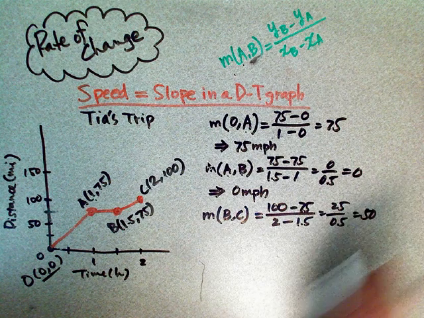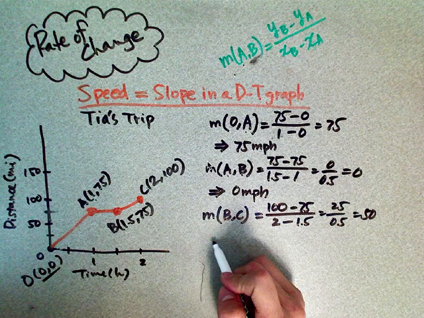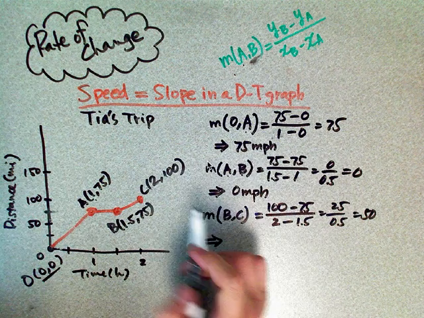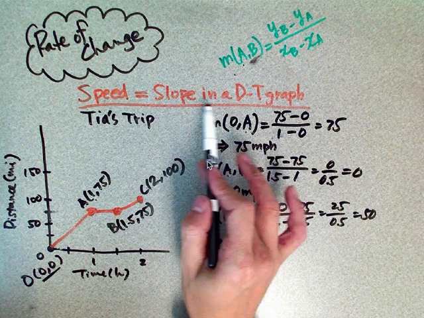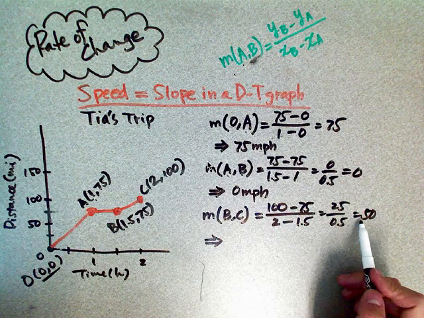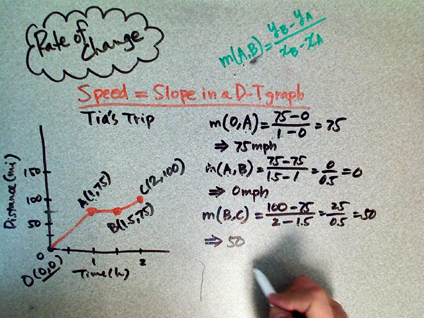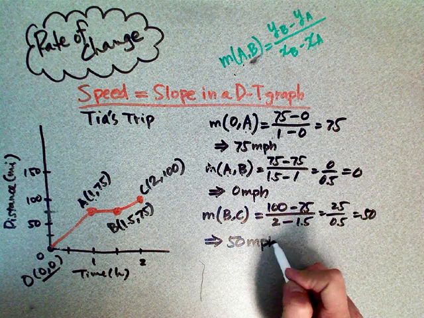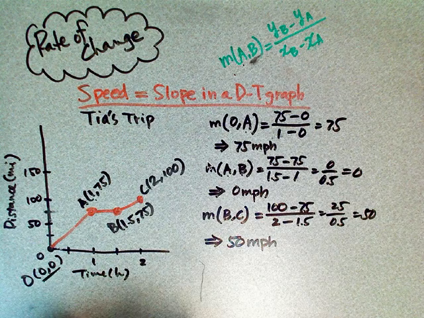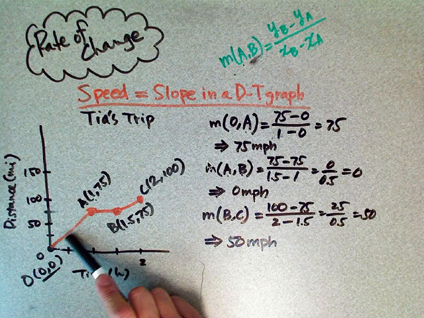The slope between these two is 50. Since the slope in the distance time graph is the speed, that means the speed is 50 miles per hour. So she went very, very fast from here to here.